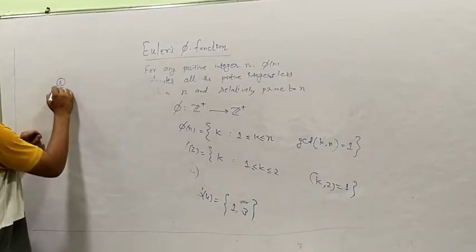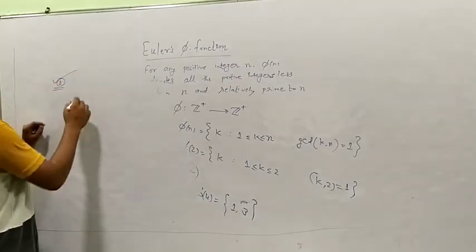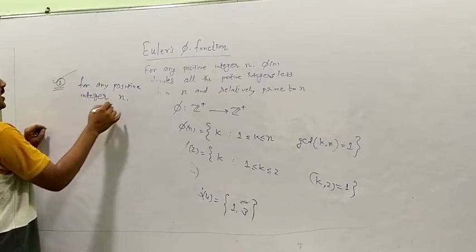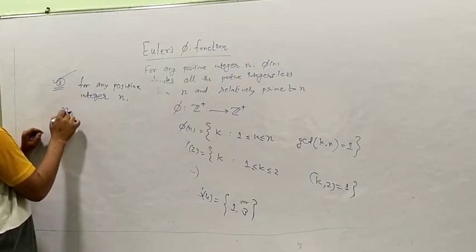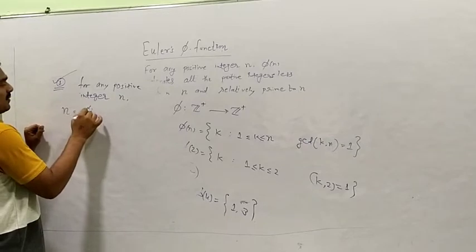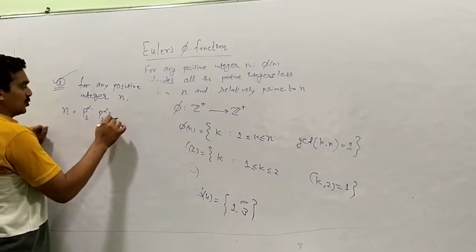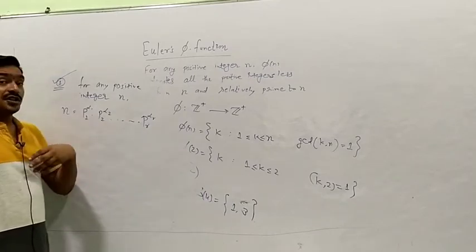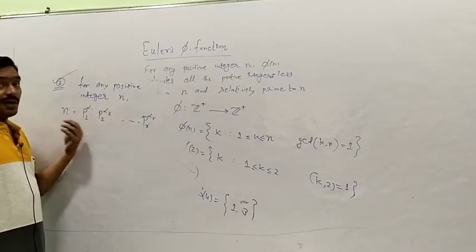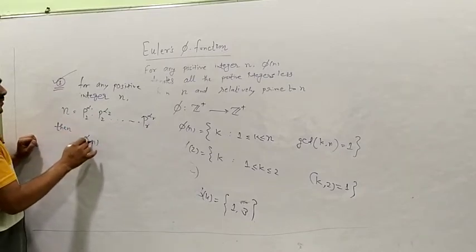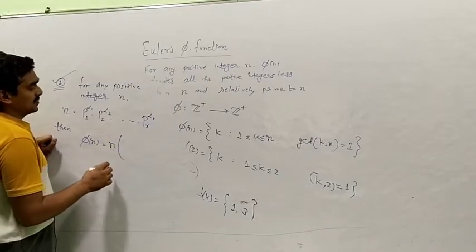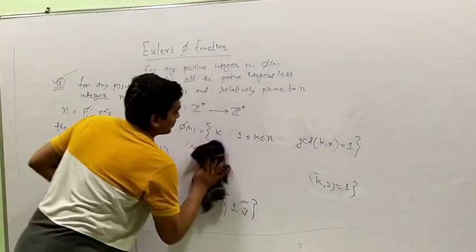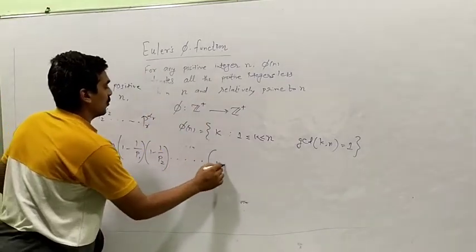First property, and a very important property: for any positive integer n, where n is p1 raised to the power alpha 1 into p2 raised to the power alpha 2 and so on up to pr raised to the power alpha r, where p1, p2, up to pr are all distinct primes and alpha 1, alpha 2, up to alpha r are their powers, then phi n is given by the formula n times (1 minus 1 upon p1) times (1 minus 1 upon p2) and so on up to (1 minus 1 upon pr).